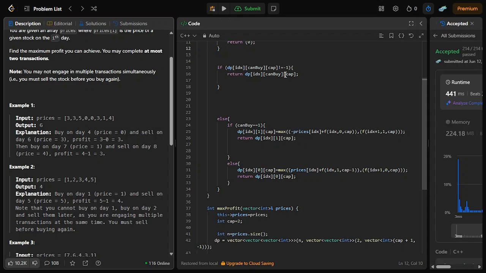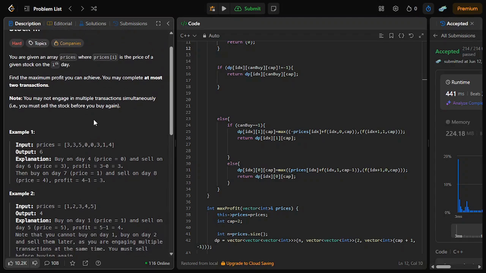So what are the three variables? One is the index of the prices, the time variable: the number of the day, the ith day, is one of the variables here. Now you will also be noting down how many transactions you have already done. That should be another variable.